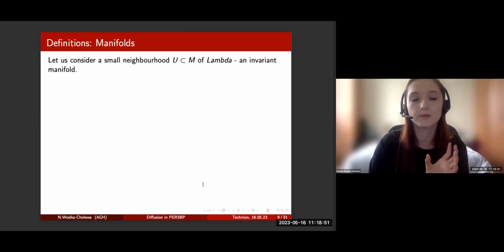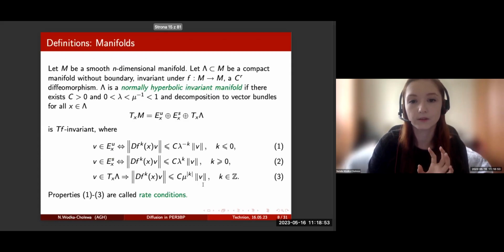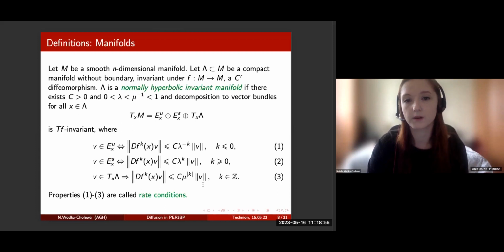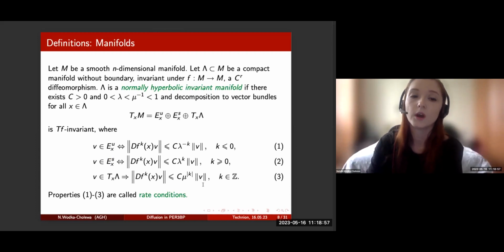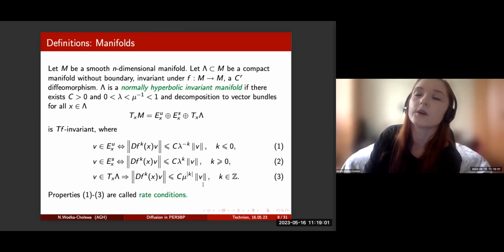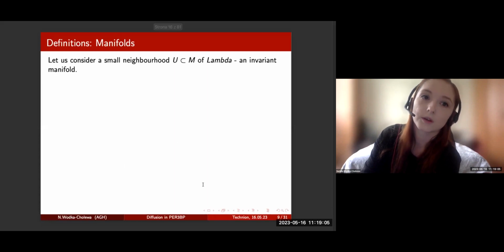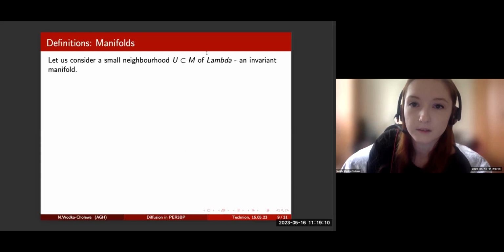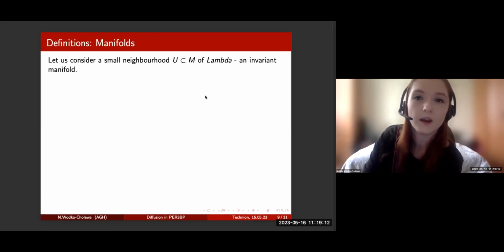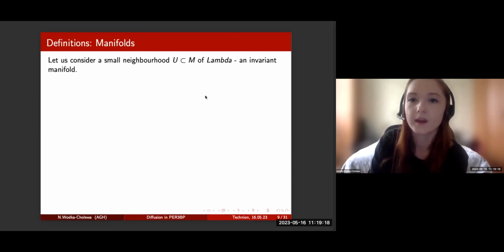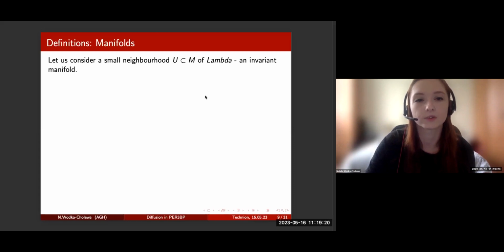Okay, so for this normally hyperbolic invariant manifold, we can have stable and unstable manifolds, right? So we will consider a small neighborhood of lambda. I see that I forgot the slash here. So it's a neighborhood of lambda, in M, of our invariant manifold.